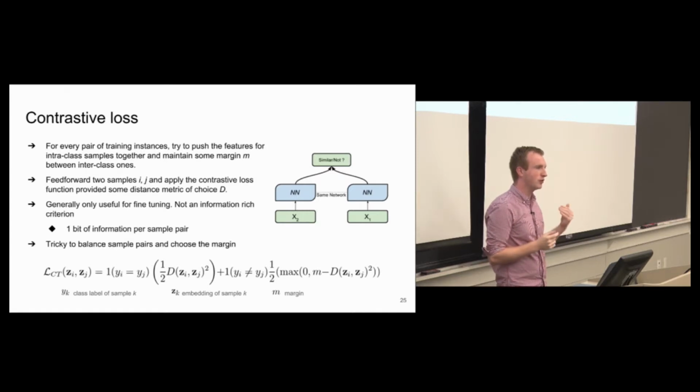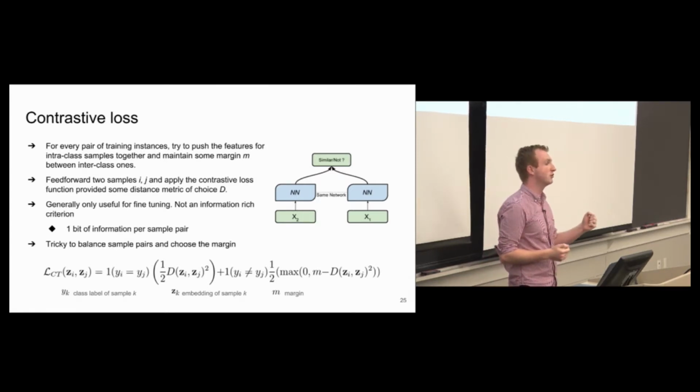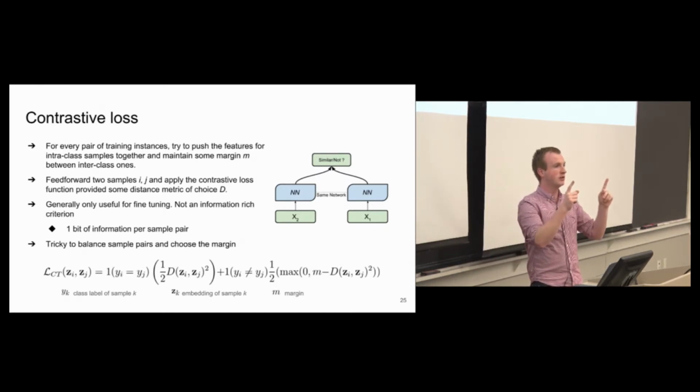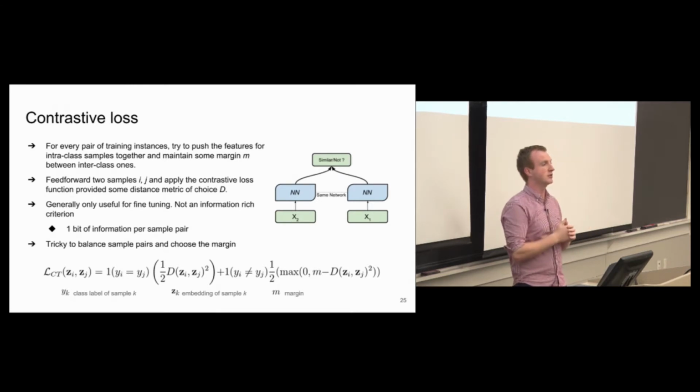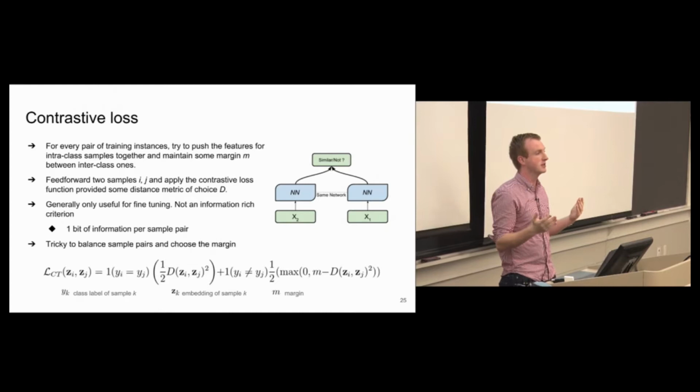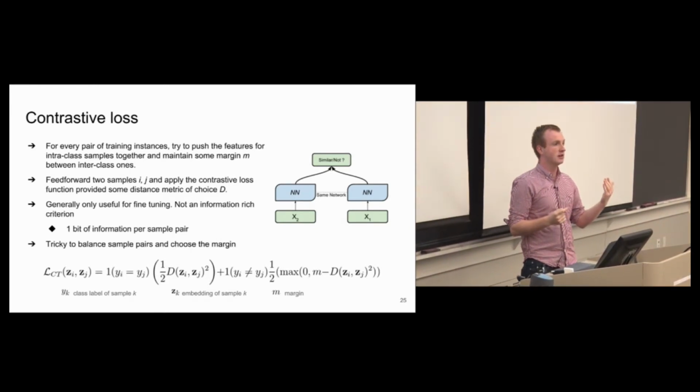This is generally only really useful for fine-tuning because it's not an information-rich criterion. You can think about it as, for each joint sample, if the set is balanced between positive and negative pairs, then it's going to be a 0.5 probability.